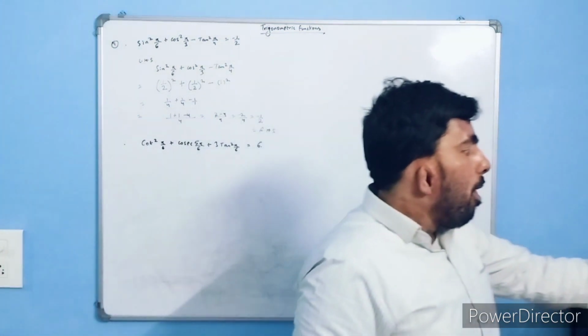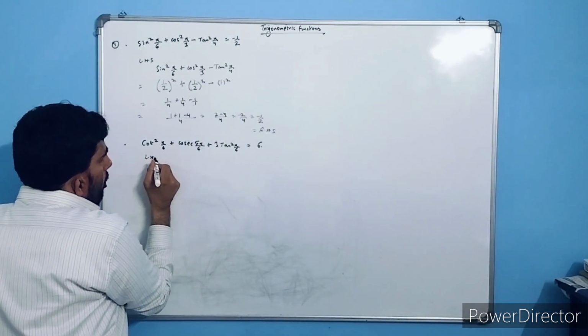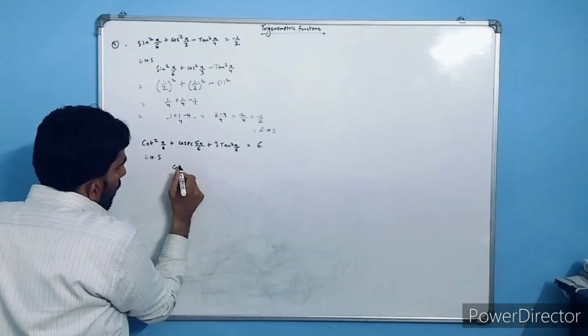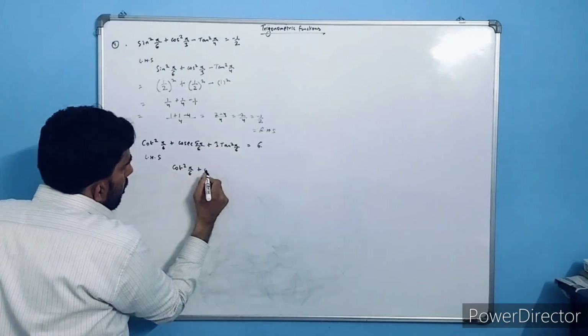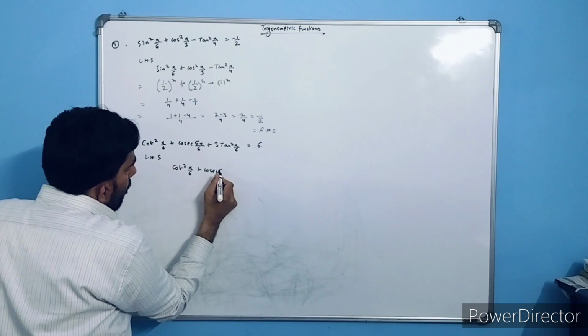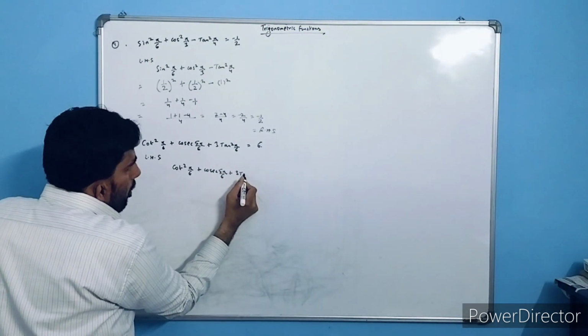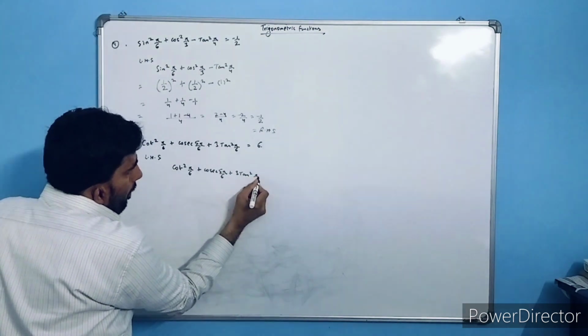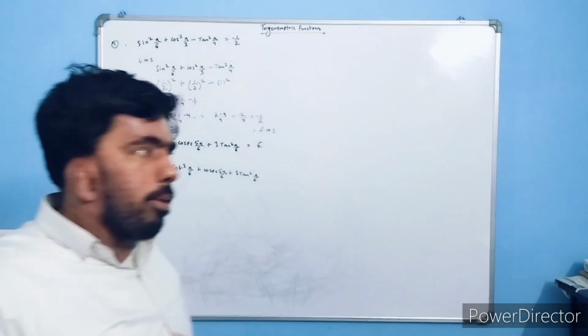So let us see how we can sort it out. Just first take the LHS, that is cot square pi by 6 plus cosec 5 pi by 6 plus 3 tan square pi by 6.